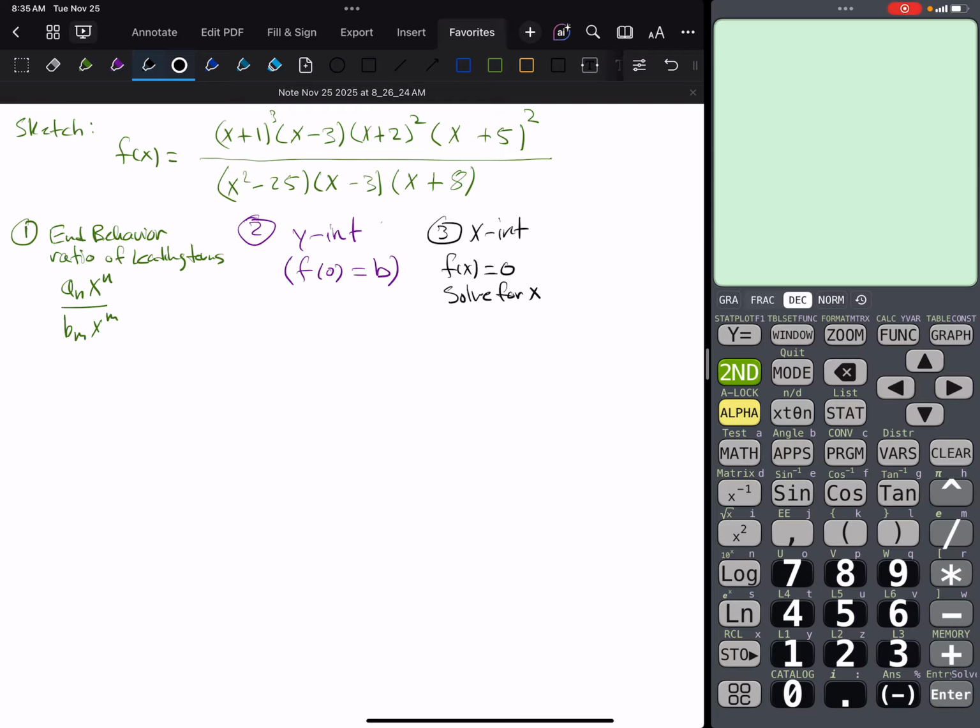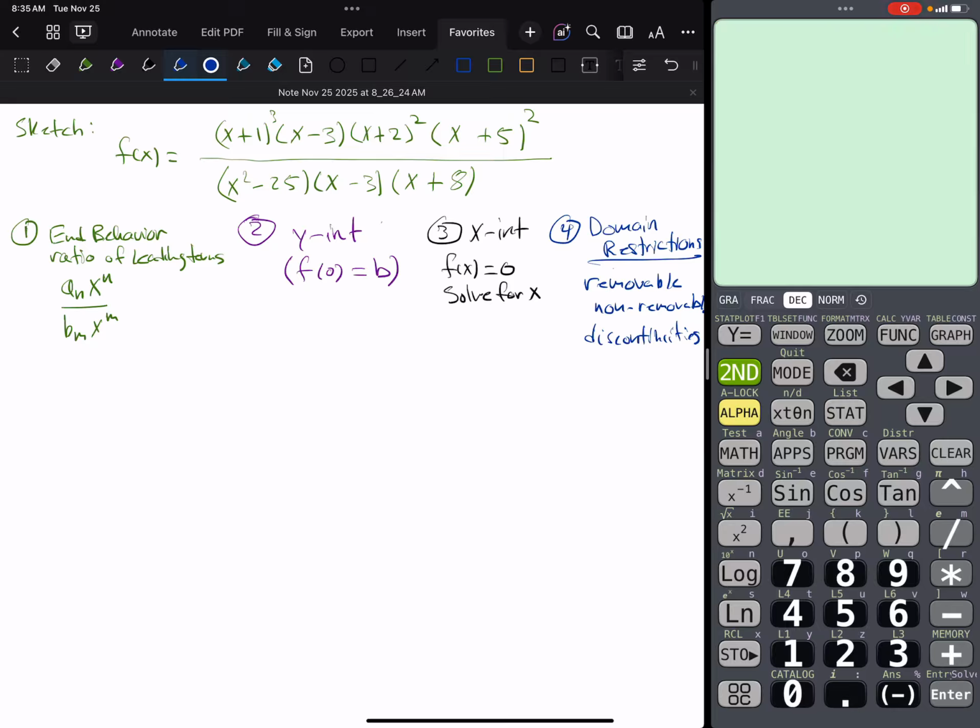Okay, and then the 4th thing that I want to do here is determine my domain restrictions. And remember, they are either removable or non-removable discontinuities. And that comes from whether or not I can cancel the 0 out of the denominator or not.